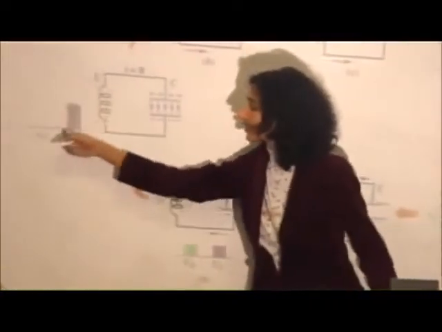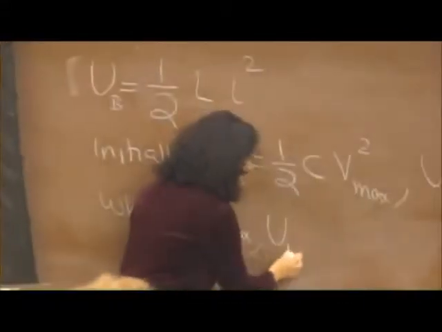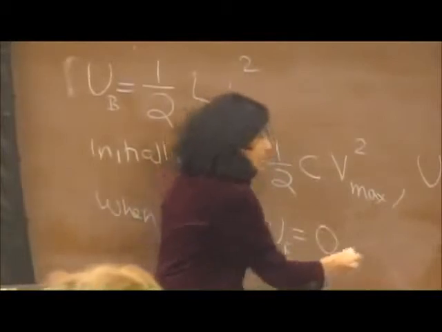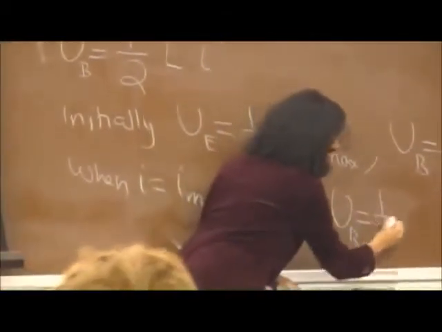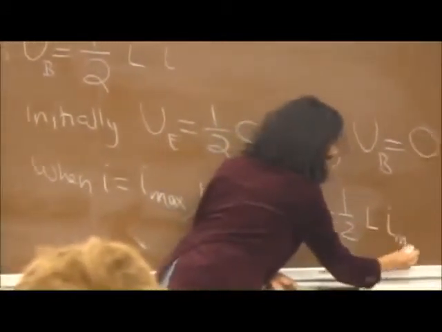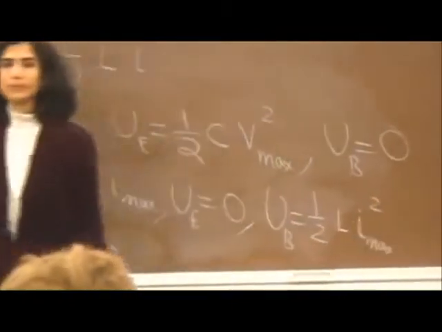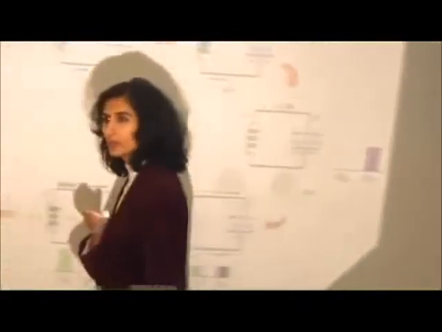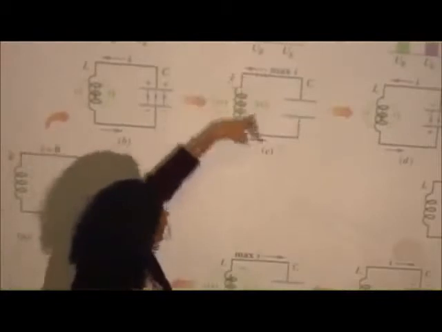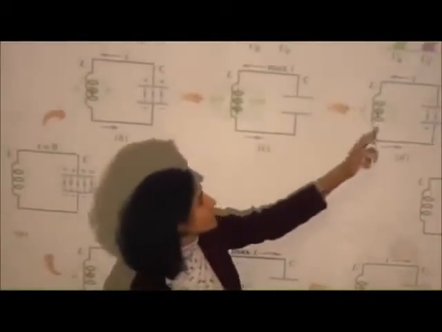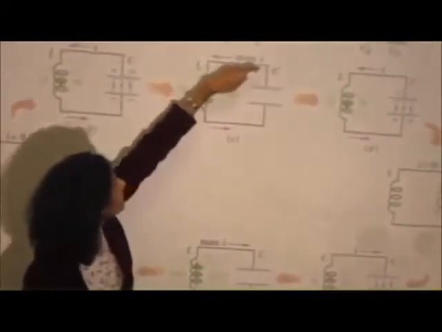This is this point here. All the energy is in electrical energy, nothing in magnetic. When I becomes I max, U E becomes what? 0, and U B becomes half L I max square. Isn't that true? And if that's what keeps happening, if the inductor tries to maintain this current, do you see what will happen as a result of it?